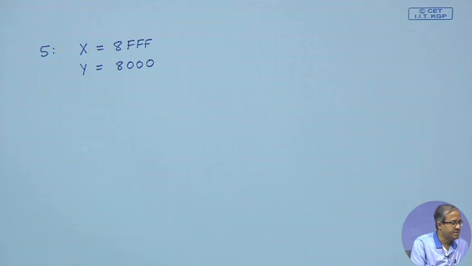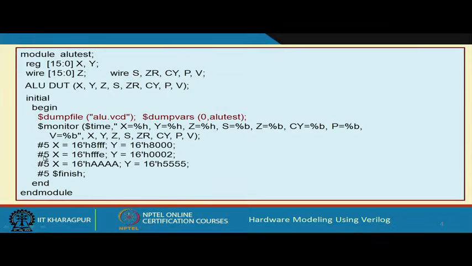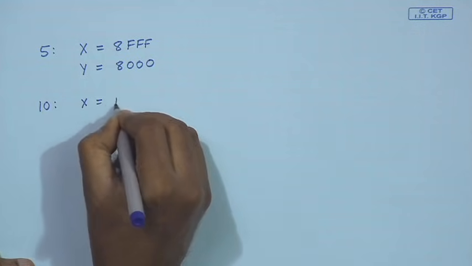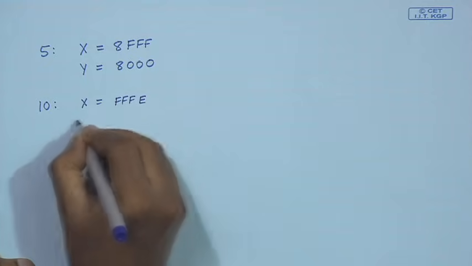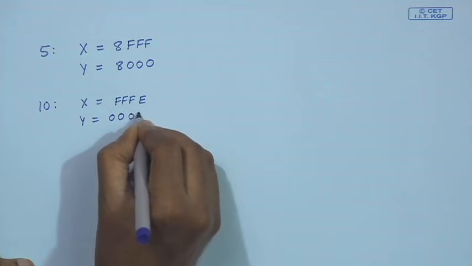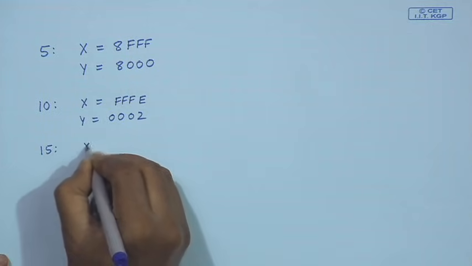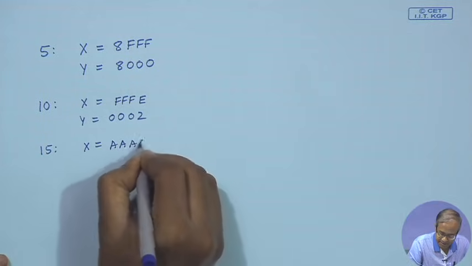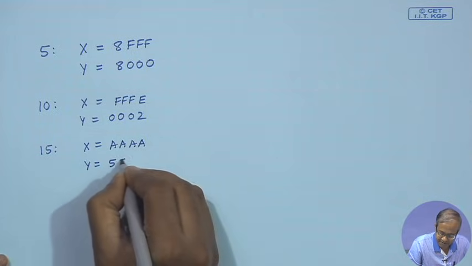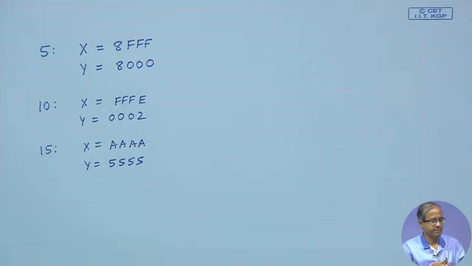Then again after a delay of 5, at time 10, we are applying x equal to FFFE and y equal to 0002, and again after a delay of 5, at time 15, x is AAAA and y is 5555, right.